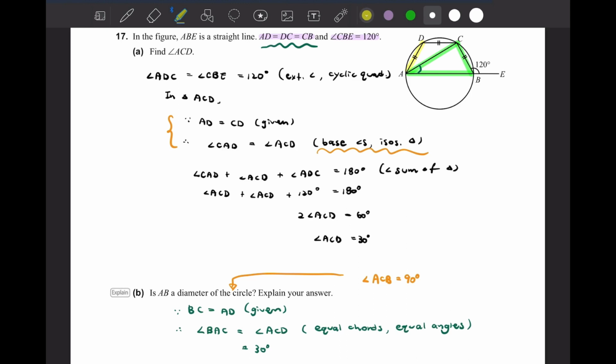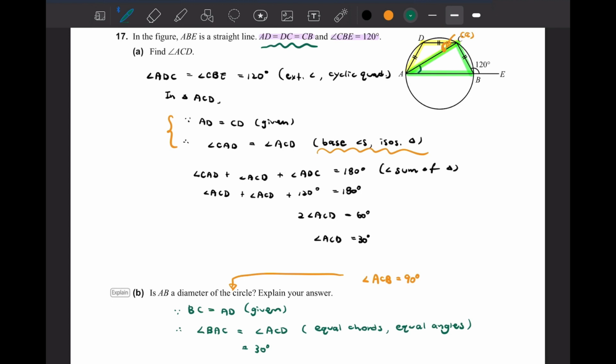And then you have this chord AD here. So for the chord AD, the corresponding angle will be your ACD. So these two will be equal. And this one here we just found is 30 from part A, isn't it? So therefore, you know that angle BAC is 30 as well.